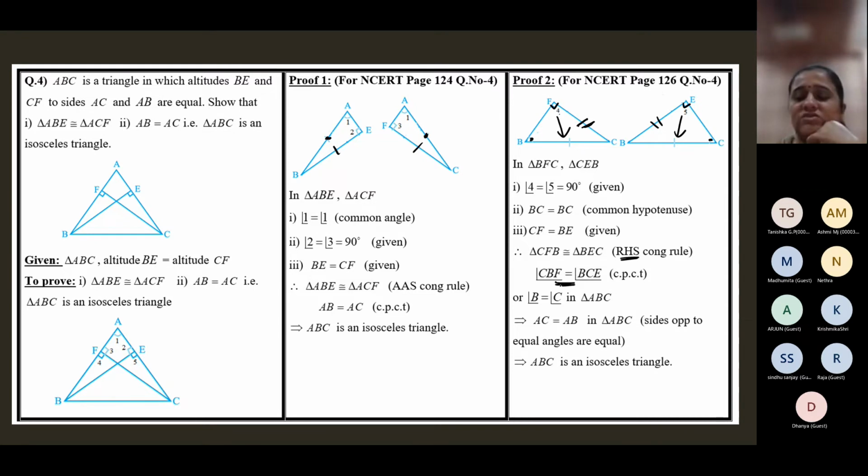So from that you get these two angles are equal. That means these two angles are equal in triangle ABC. So the sides are equal, because sides opposite to equal angles are equal. All right, children, make these changes in the diagrams.